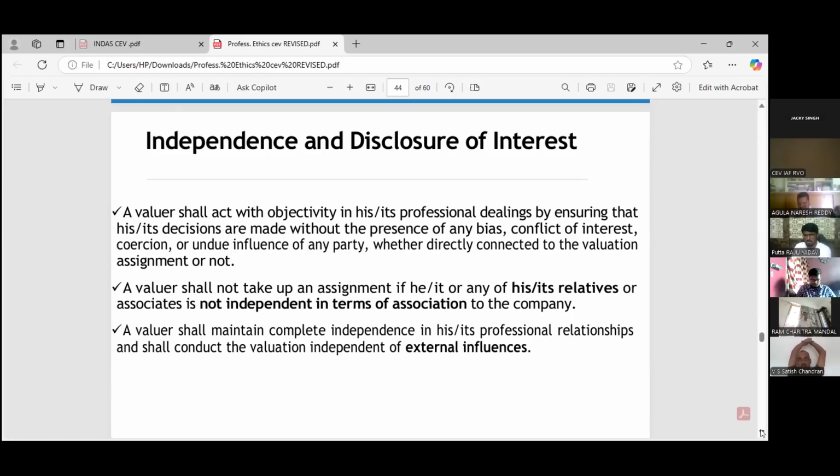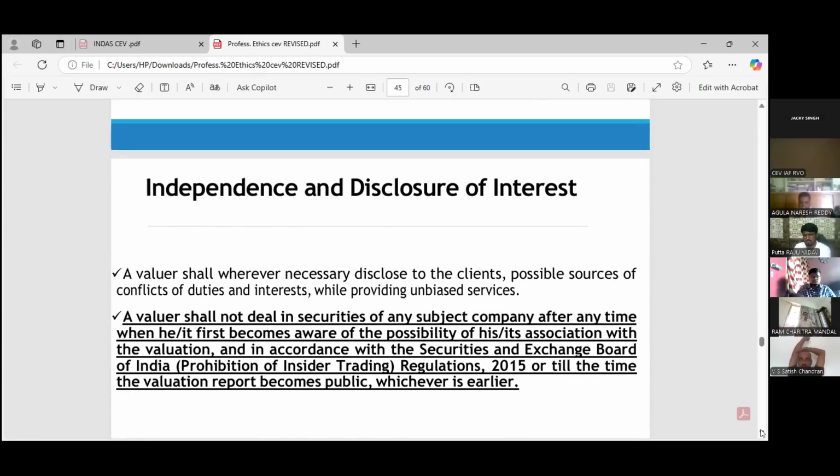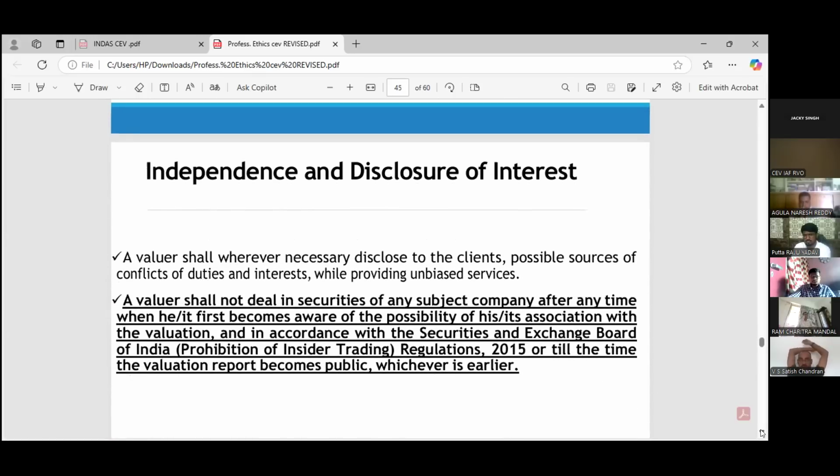A valuer shall maintain complete independence in his professional relationship and shall conduct the valuation independent of external influence. A valuer shall, wherever necessary, disclose to the client possible sources of conflict of duties and interest while providing unbiased service. This paragraph is very important.